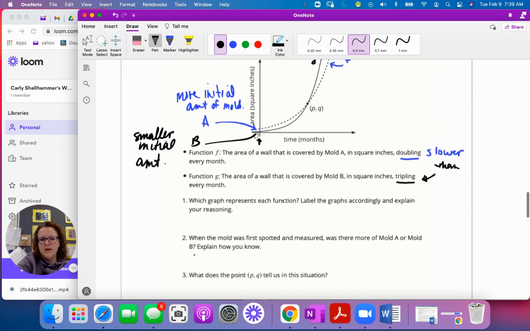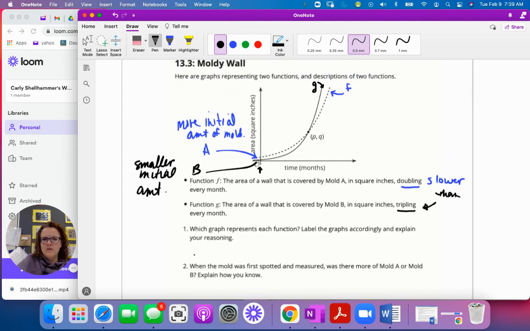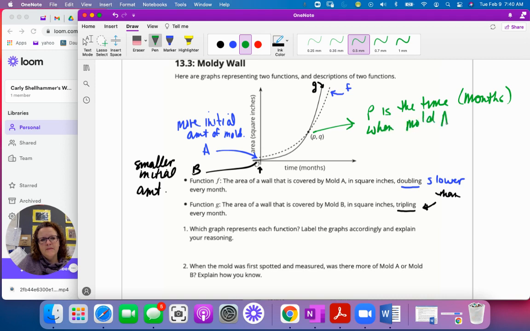What does the point P, Q tell us in this situation? So in this situation, P is the time in months when mold A and mold B have the same amount.